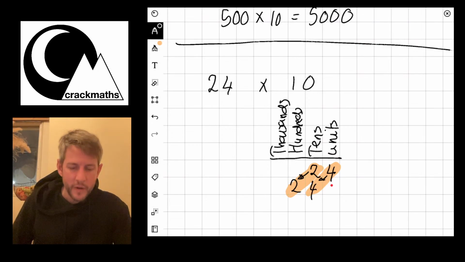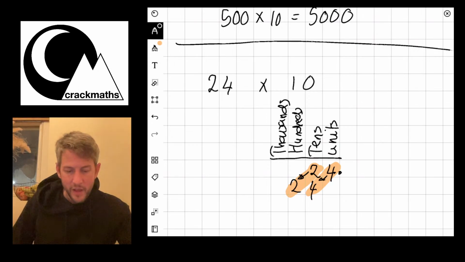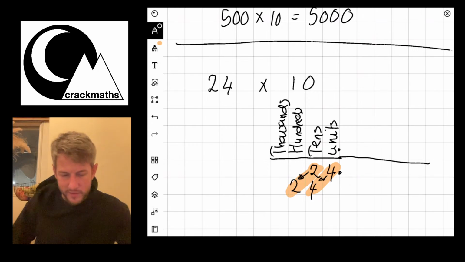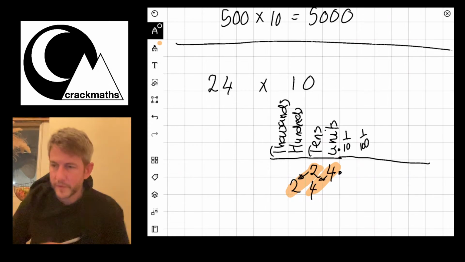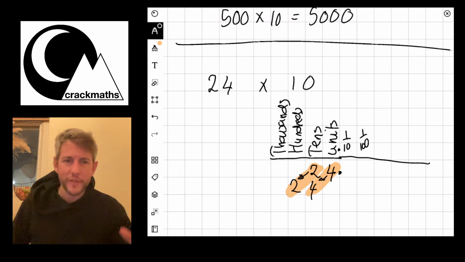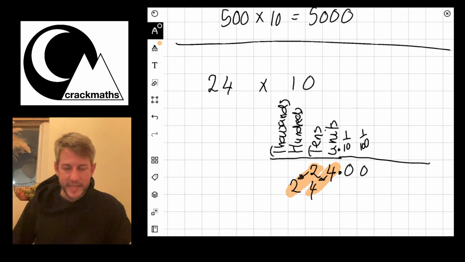And then what we do is, as you might have remembered from the past, even if we haven't put anything behind the units column, secretly behind the units we've got tenths and hundredths. Okay? And they're secretly there. So behind here, if we haven't written anything, we've just got zeros.